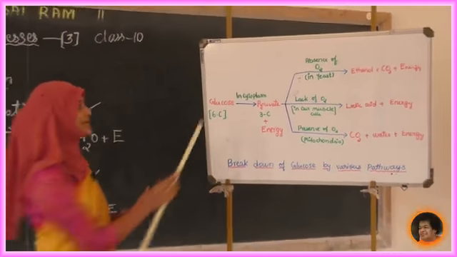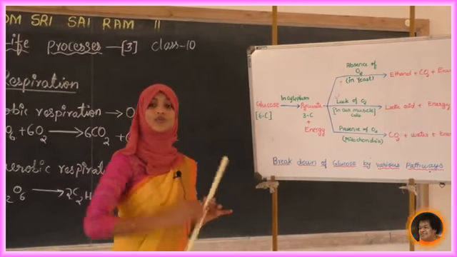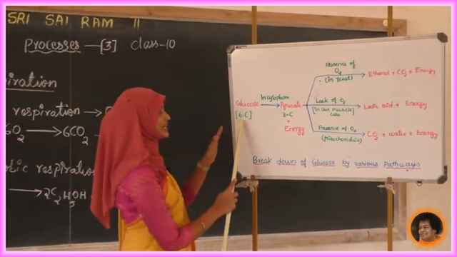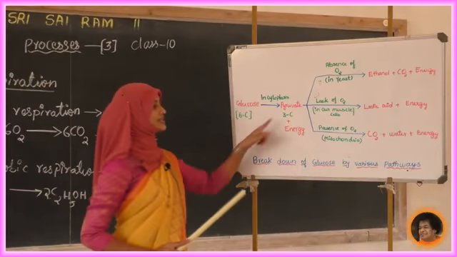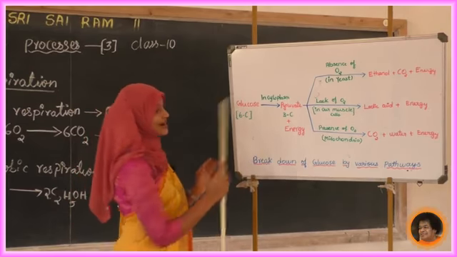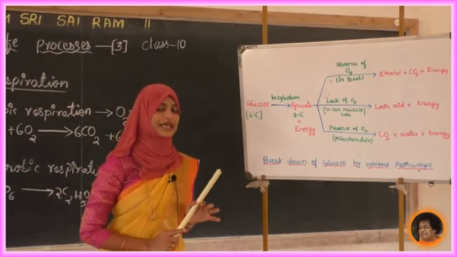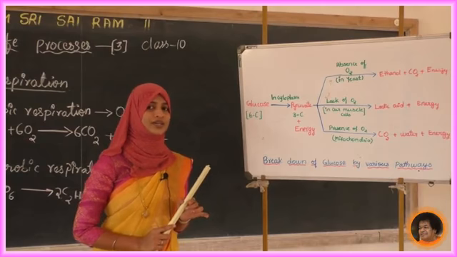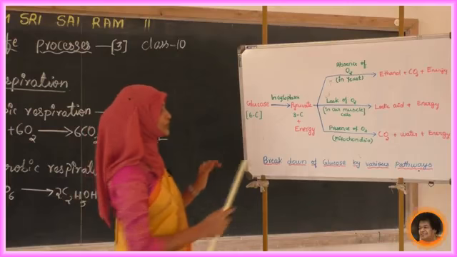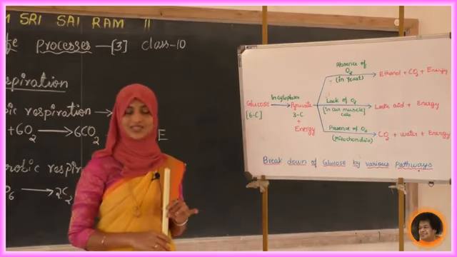In the cytoplasm, this 6 carbon is converted into 3 carbon. See, in green color I have mentioned here, that is the 3 carbon compound. The chemical name of that 3 carbon compound is pyruvate. Along with the pyruvate, there will be a liberation of energy.